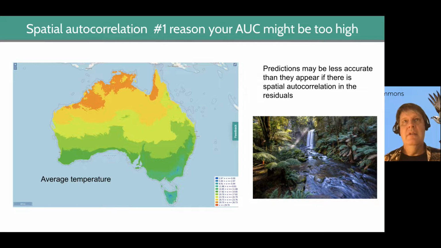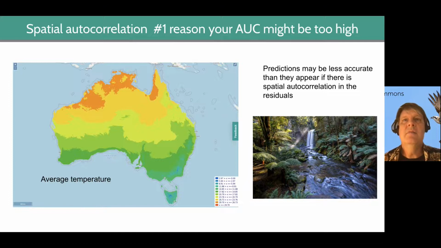It really degrades those fine scale differences that you get from one location to the next or one grid cell to the next. This is one of the primary reasons that probably a little less than half of the literature on species distribution models has led to predictions that are a little bit over-optimistic.